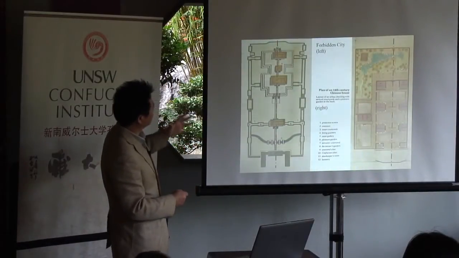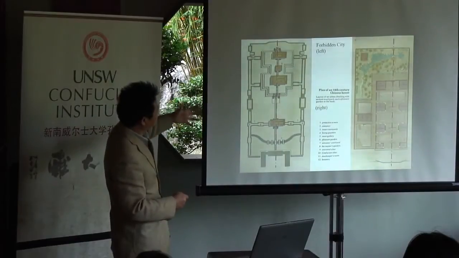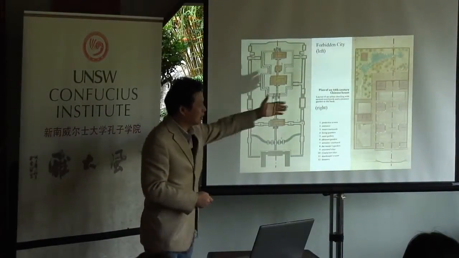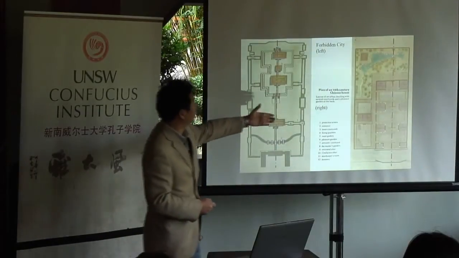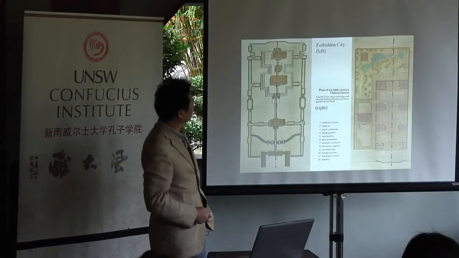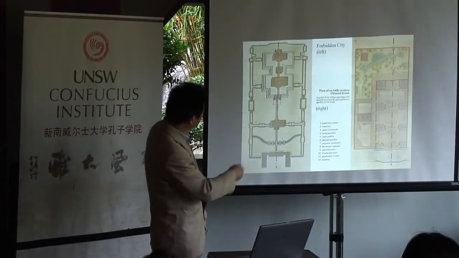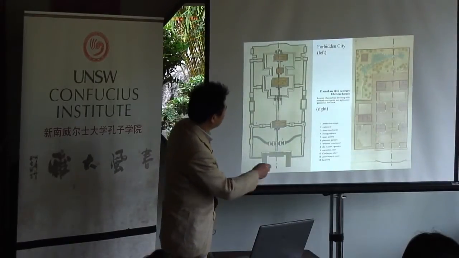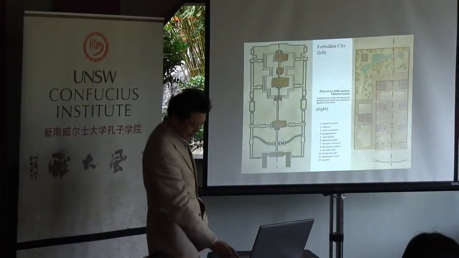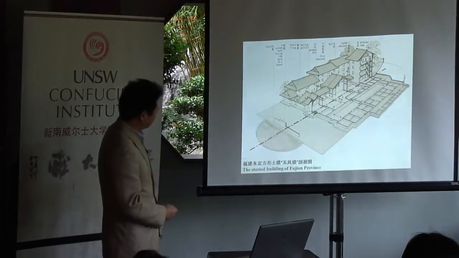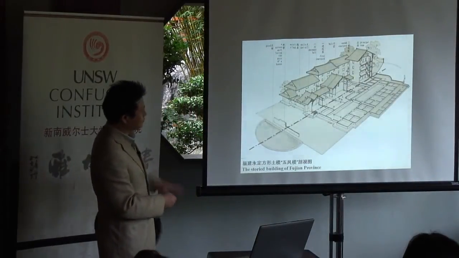But not only the city plan, but also in the palace and in Han people's dwelling, the axis is used. This is the Forbidden City in Beijing. This is a very common Chinese house in the 18th century. This is a dwelling in Fujian province.